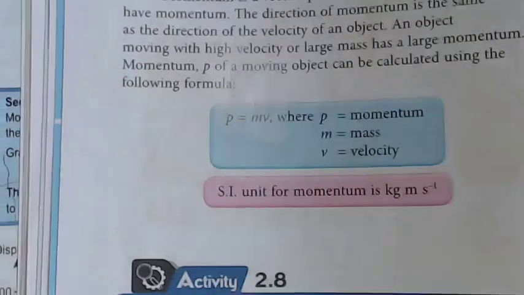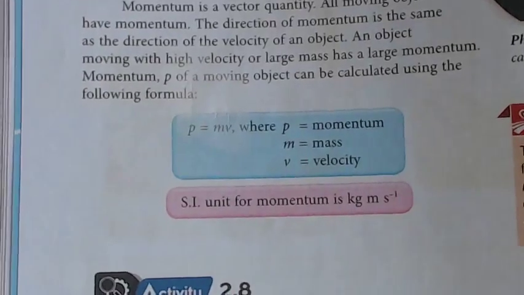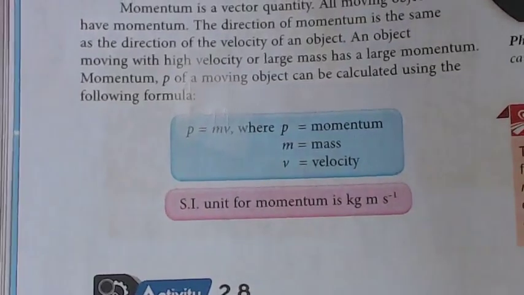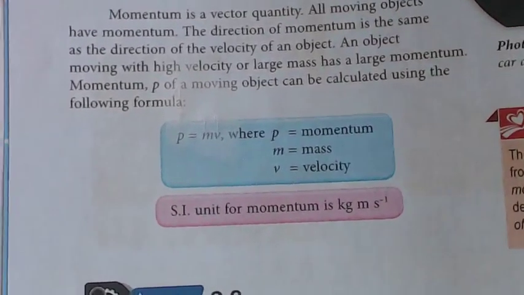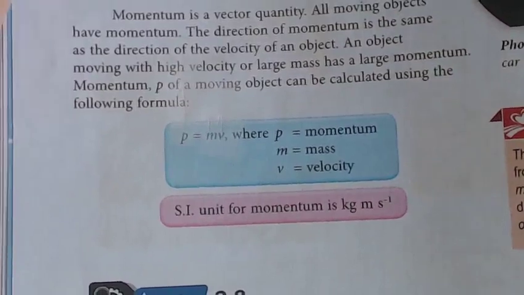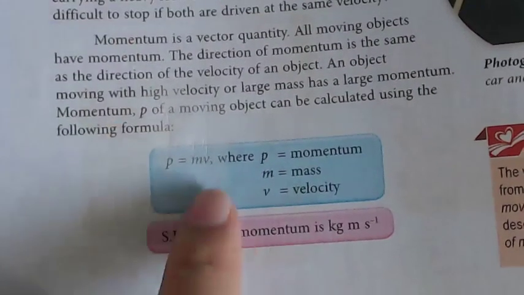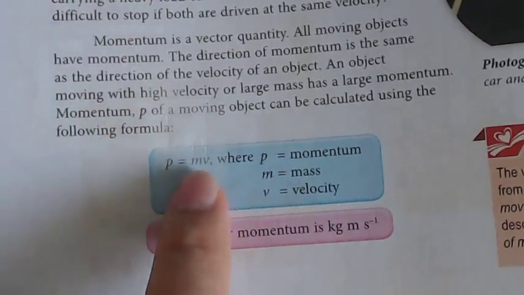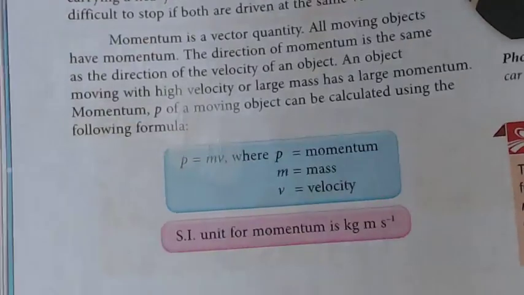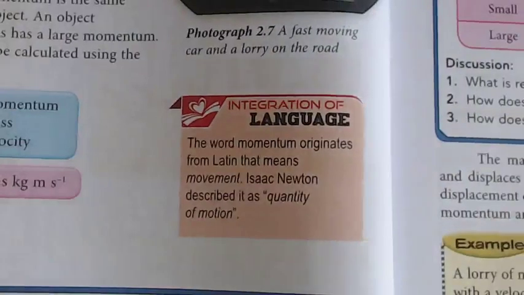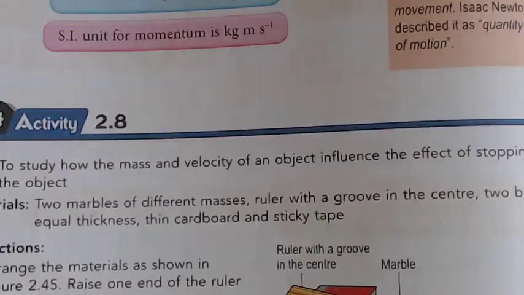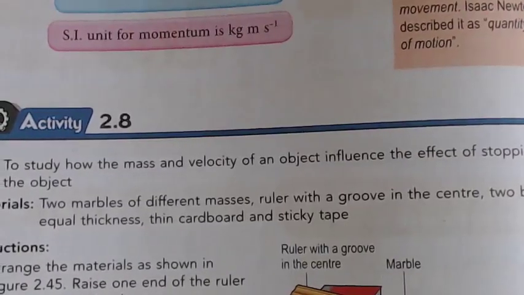So you do not get confused between inertia and momentum: in inertia there is no formula, while in momentum there is a formula. They are different, but still they can be related.